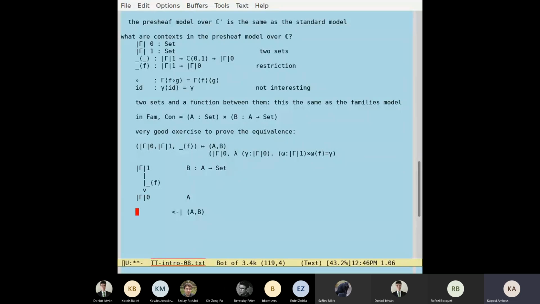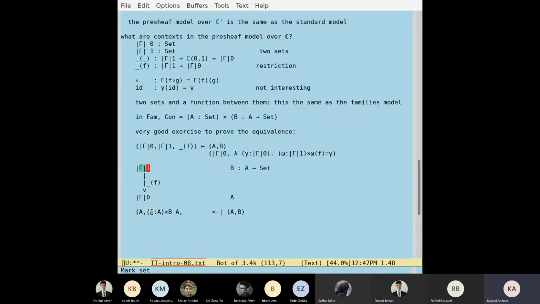So I again choose the A to be at the bottom, and then here I need another set, but I only have a set B, so the set will be a in A together with an element of B of a. Okay, that's the set. And then that goes up there, right?